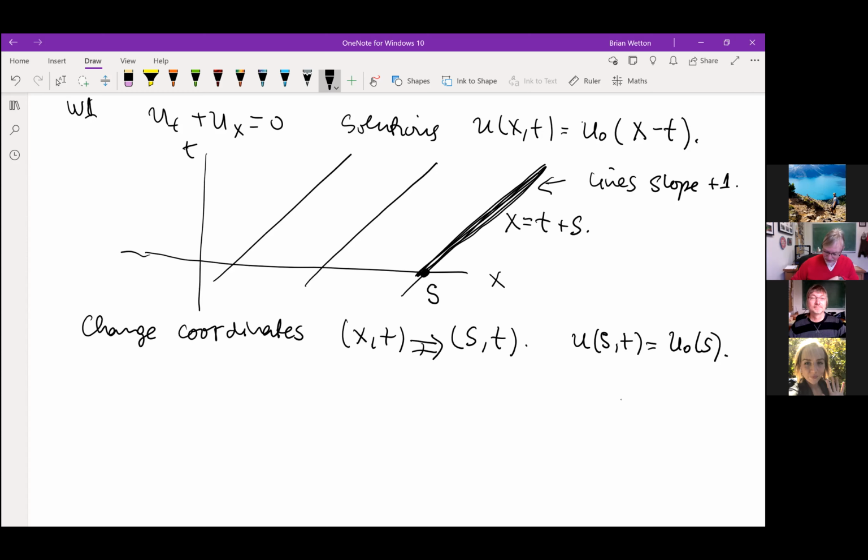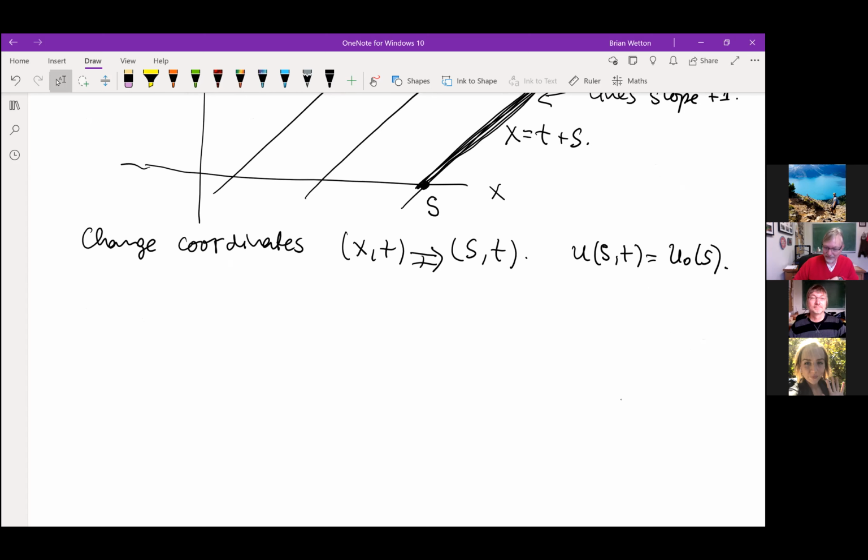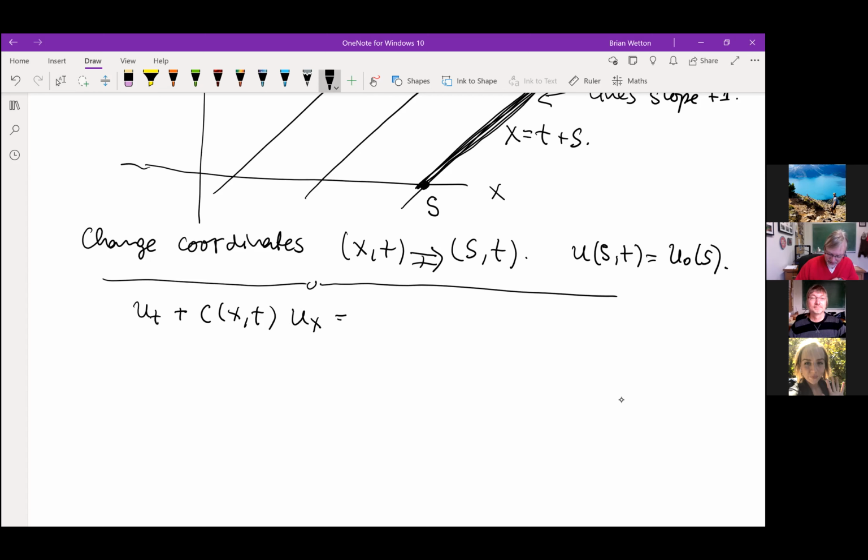Okay, so we're going to generalize that a little bit to slightly more complicated problems. And let's look at one of them. So I'm going to have a new problem. It's going to have wave-like behavior. And the difference is, instead of just a 1 here, I'm going to have a coefficient that can vary.